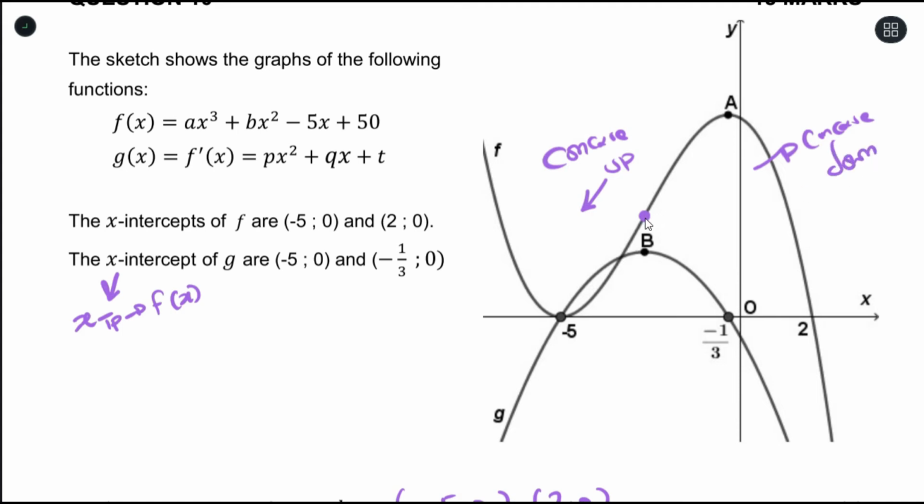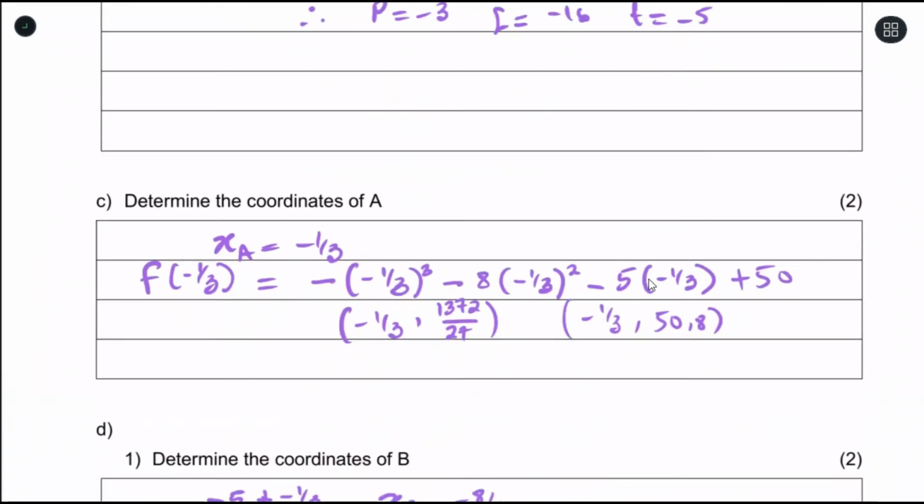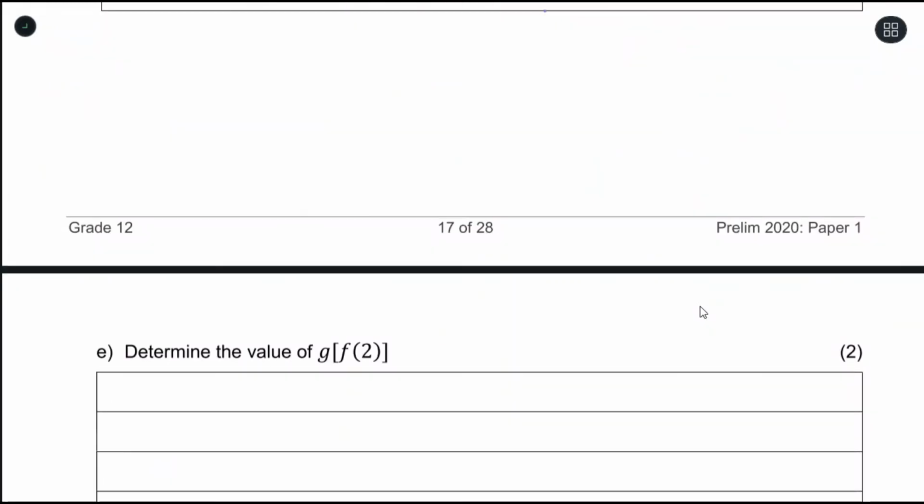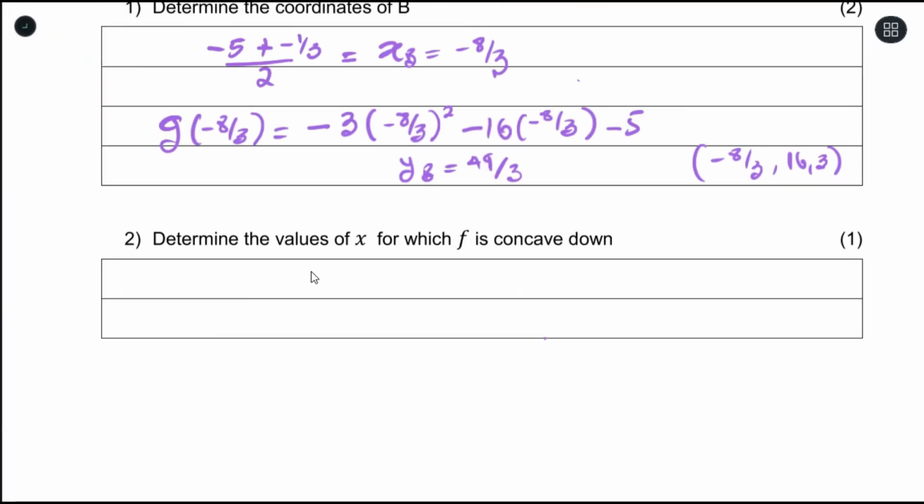If your concave down is after your point of inflection, we would say it is greater than our point of inflection. Since we said in the previous question that our turning point here is the same value as our point of inflection, which is negative 8 over 3, and since concave down is after the point of inflection, our answer will be written as x is greater than negative 8 over 3. Yeah, and that is for concave down.